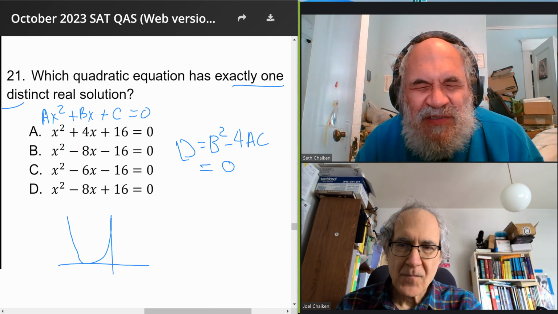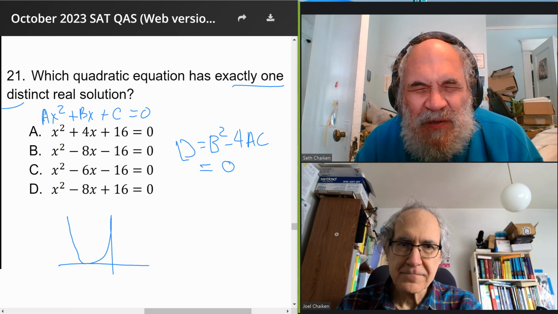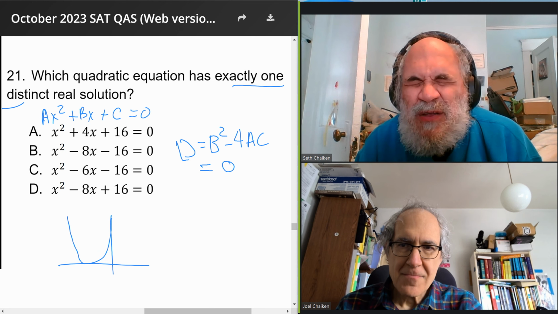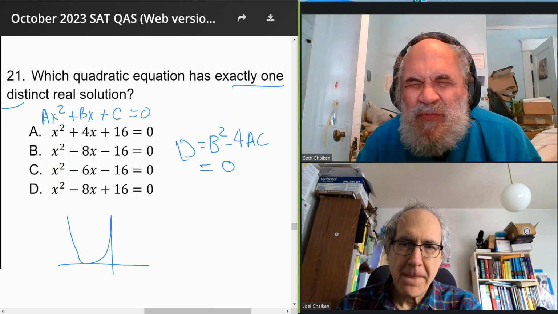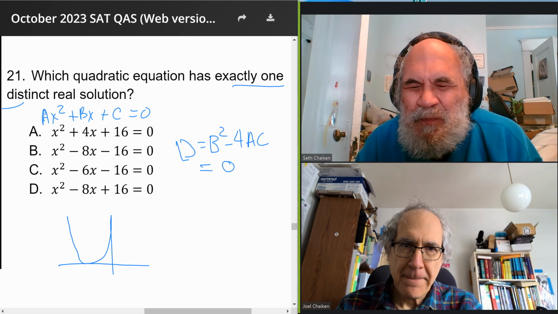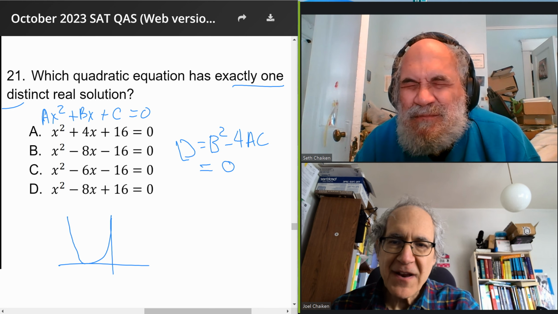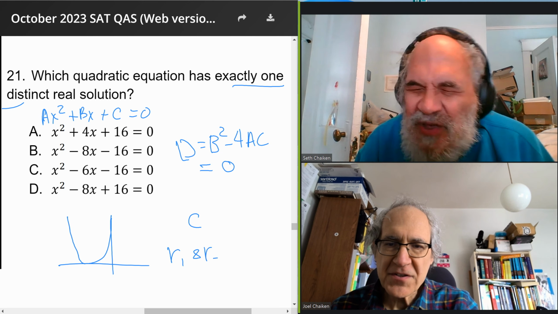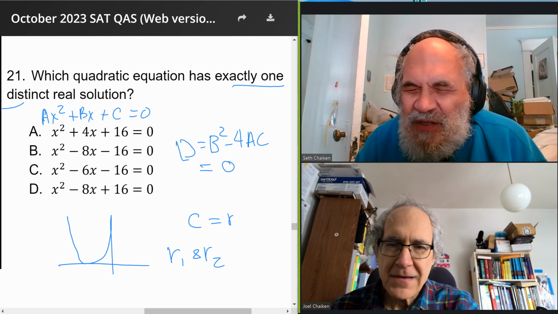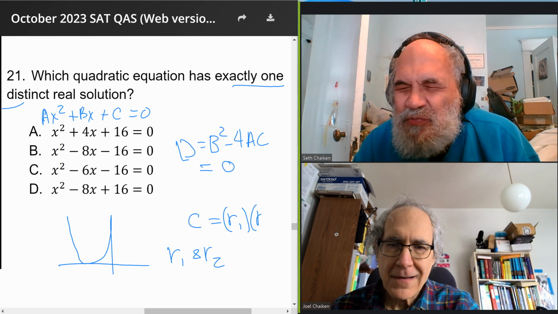The constant term in a quadratic equation is the product of the roots. Therefore, if the equation is going to have one distinct real root, the product of the roots, that root times itself, has to be 16.